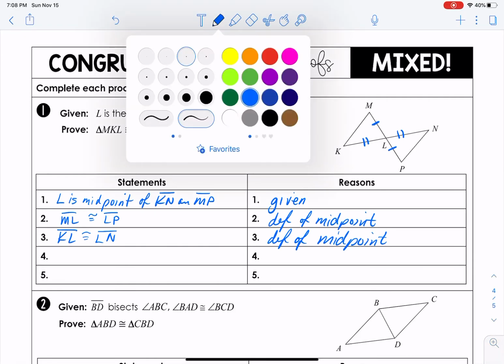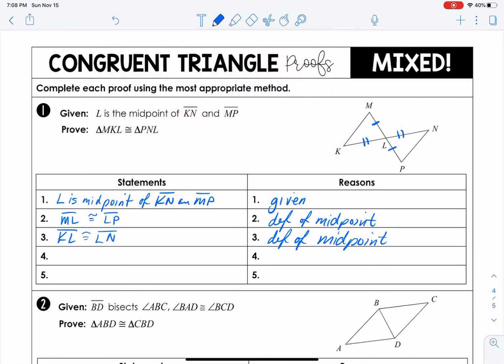Now, I also know that these are vertical angles. So that means I can say angle MLK is congruent to angle PLN because they're vertical angles. So now I have side, angle, side.